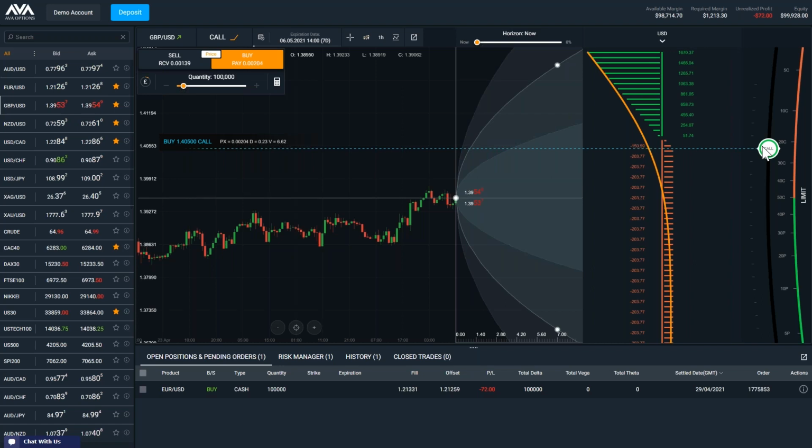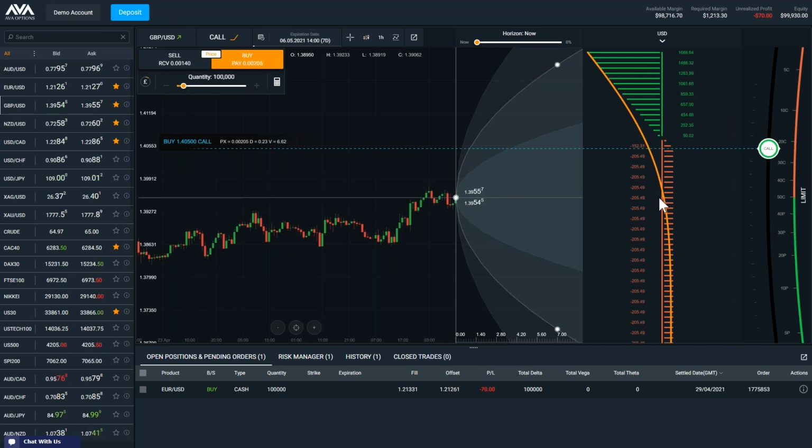This option has pretty much a 23% chance of finishing in the money. That's what the delta is telling us. It's not perfect, but it's pretty close. If the delta is 23%, that means there's a 23% probability, according to the market valuations, that the pound is going to be higher than 140.50, 1.405 at expiration.